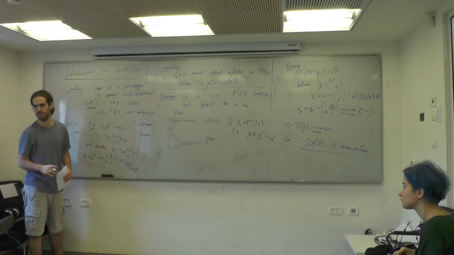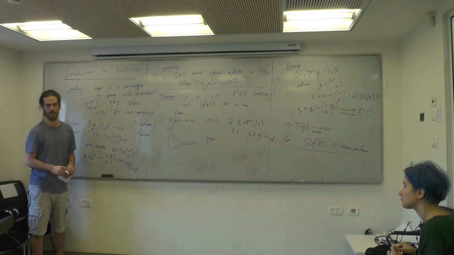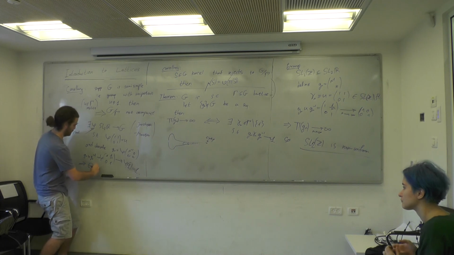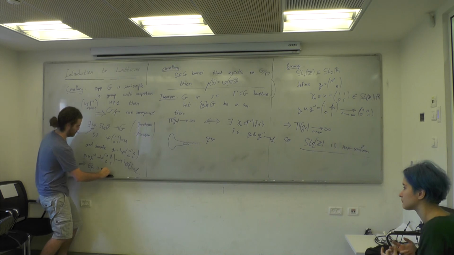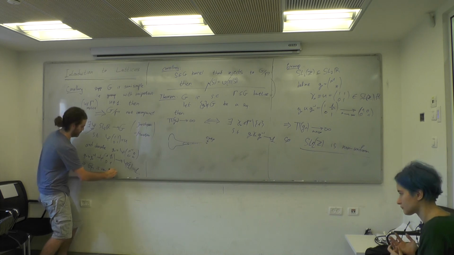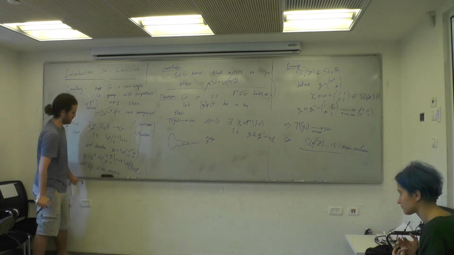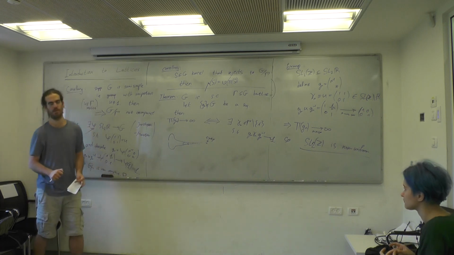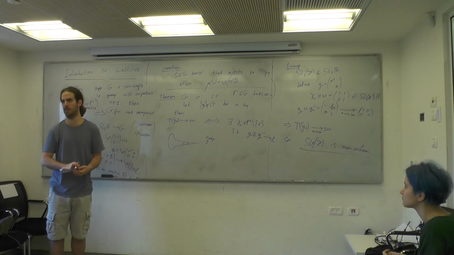And by the previous corollary, we get that G mod gamma is non-compact. And I think that's what I wanted to show.